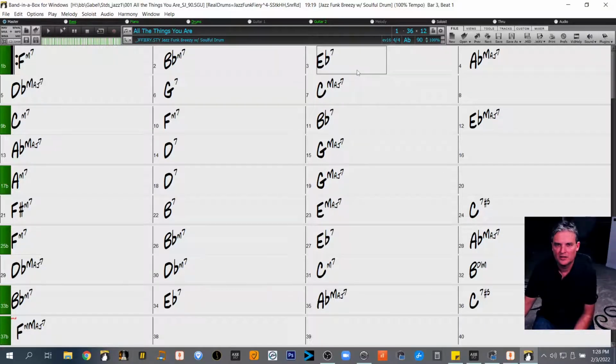Okay, so the next thing to do, once you've found the dominant chord, is look to the right and see if you have a major 7 chord, and we do. We also want to see if that note is a perfect 4th away. A perfect 4th is 5 half steps, by the way.